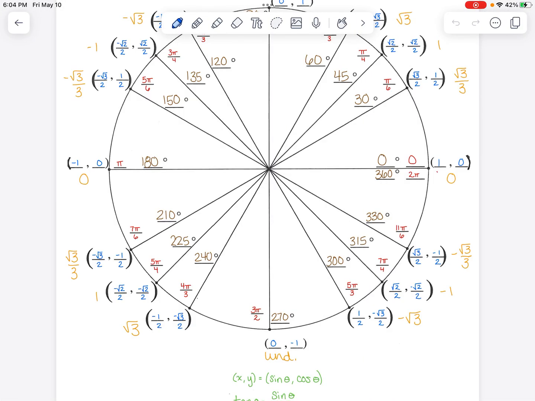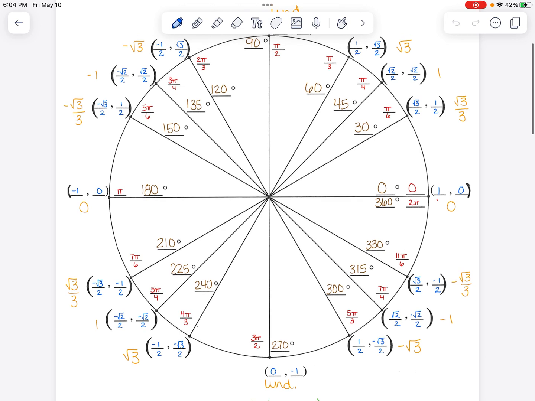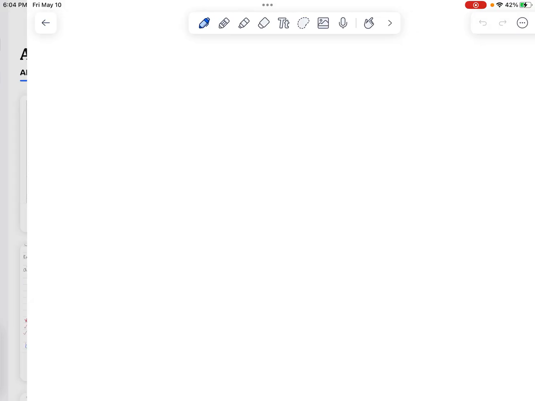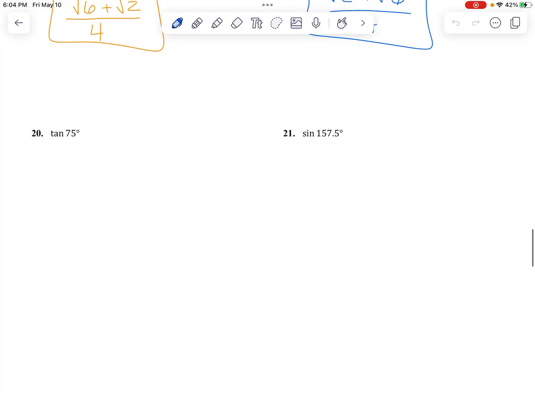The square root of 3 over 3's for tangent show up at those with the 30-degree reference angles: 30, 150, 210, and 330. So instead, I'm going to find another way to get to tangent of 75, and I will do 135 minus 60. So that's A, that's B.